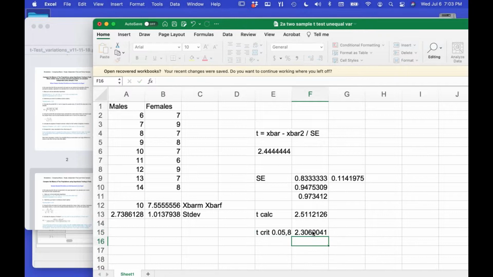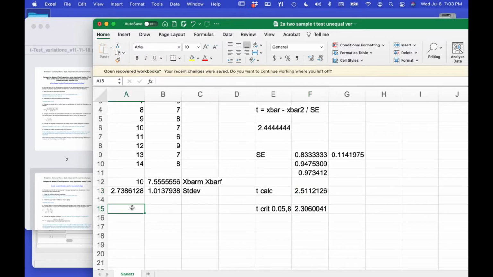Okay, so what is that going to be? My critical value of t, just like it was before, is going to be 2.31. And since I calculated my t value to be 2.511, I can reject the null hypothesis that mu for males is equal to mu for females. I can reject that and accept the alternative hypothesis that mu for males is not equal to mu for females.